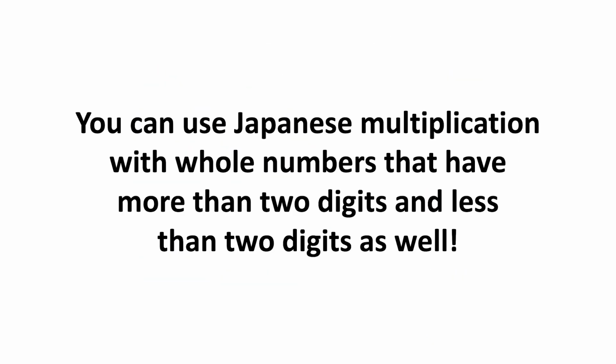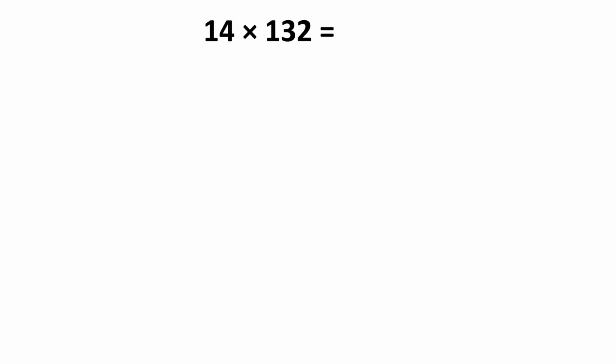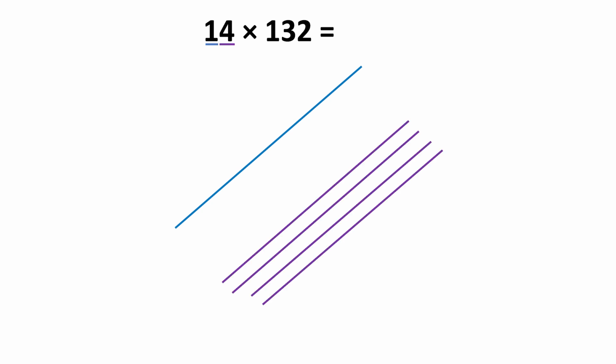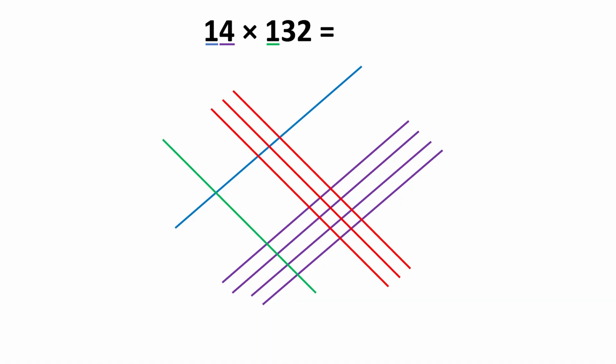You can use Japanese multiplication with whole numbers that have more than 2 digits and less than 2 digits as well. Let's say we have 14 being multiplied by 132. For 14, let's draw one line for the 1 in the tens place and 4 lines for the 4 in the ones place. For 132, let's draw one line for the 1 in the hundreds place, 3 lines for the 3 in the tens place, and 2 lines for the 2 in the ones place.